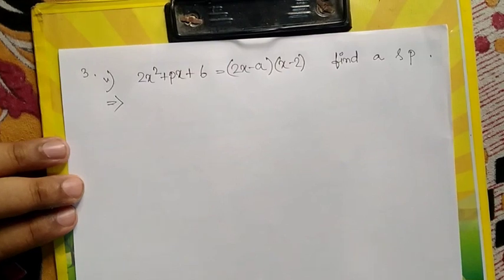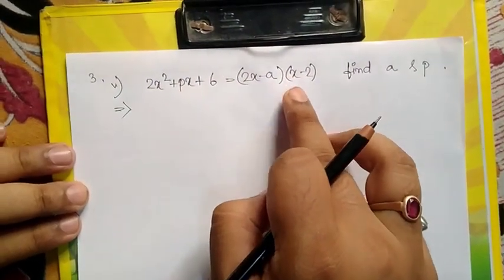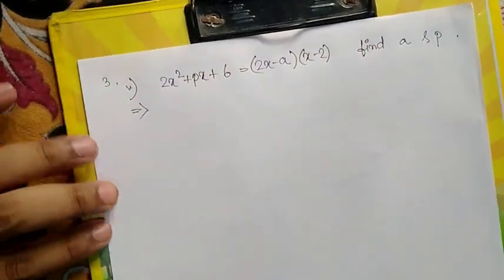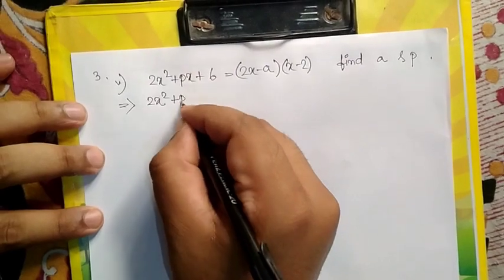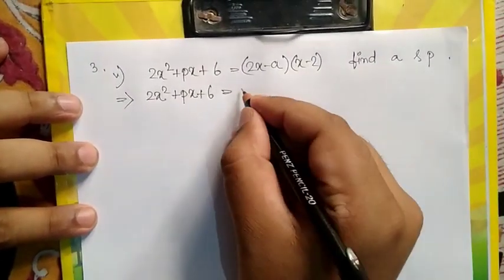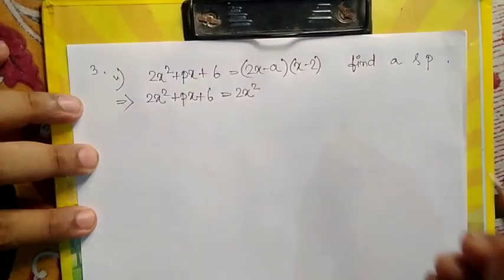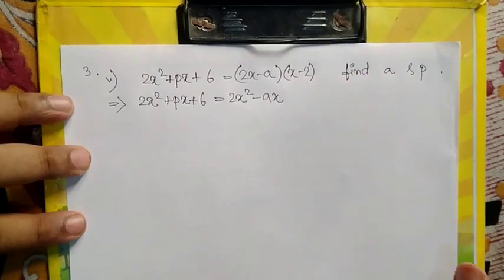Sum number 5. 2x square plus px plus 6 equal to 2x into x minus a into x minus 2. Find a and p. First of all, we have to multiply those factors. The answer should be 2x into x, 2x square, minus a into x, minus ax.